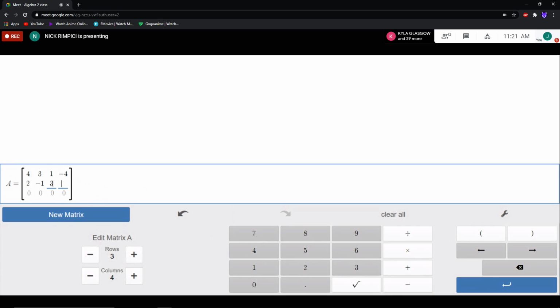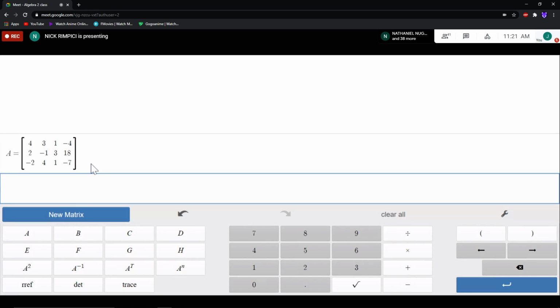And then my last row, I have negative 2, 4, 1, negative 7. Please, please, please make sure your data is in correctly. Once it's in correctly, then you hit enter, which is this blue key down here.